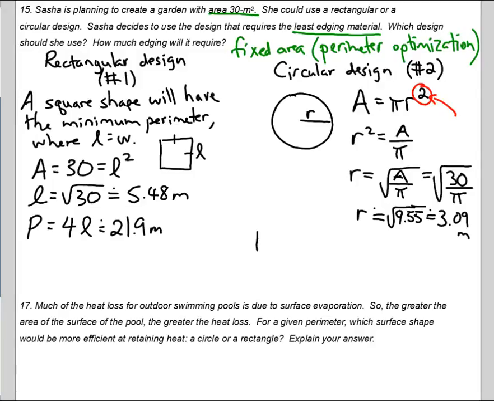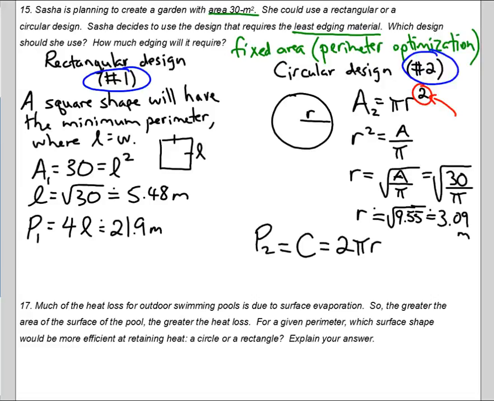Now the perimeter. In this case, I'm just going to label these A1 and P1, and so A2 and P2 for matching our design numbers. So just a way we can help distinguish our calculated values. So P2, perimeter of a circle, is called the circumference, and that's 2 pi r.